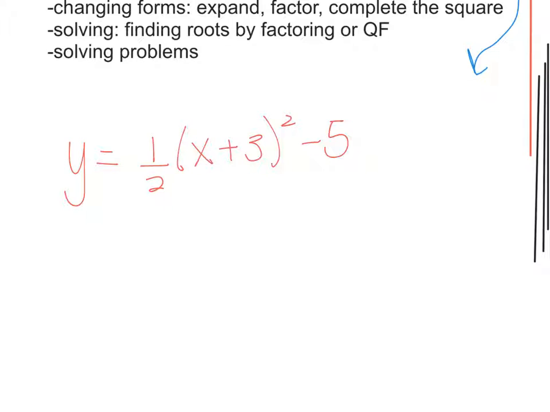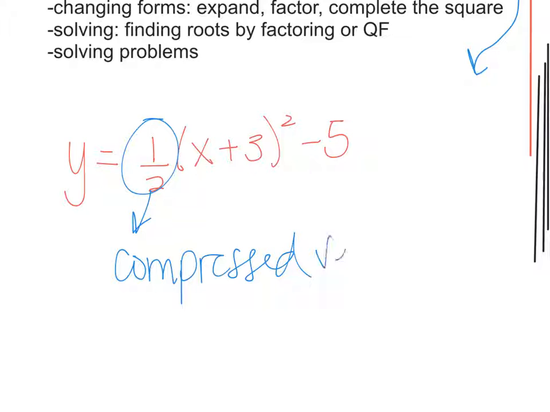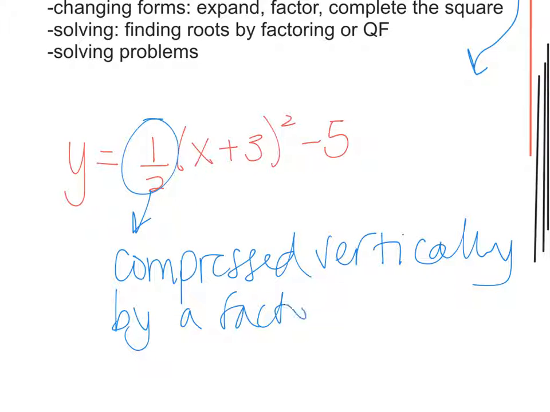So there are certain vocabulary words that we learned in chapter 4. When this value, this number right here, was less than 1, we said it was compressed vertically. And we said it was compressed vertically by a factor of, in this case, 1/2. The 3 told us the x-coordinate of the vertex.